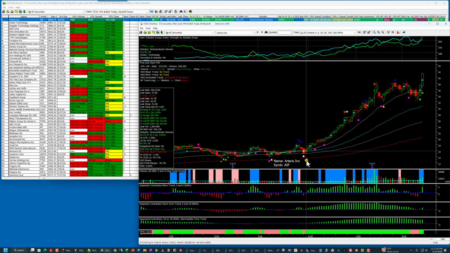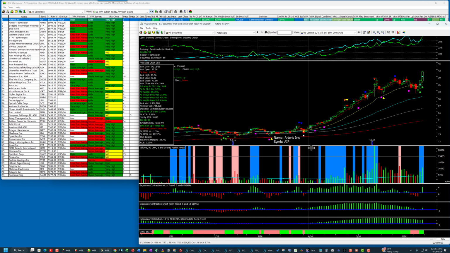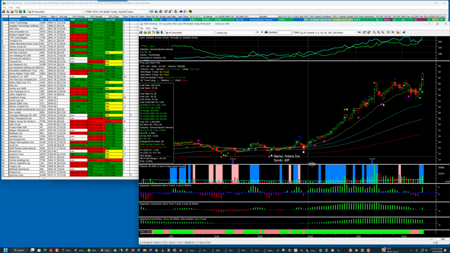It's too early to tell because these bars over here were negative and it hasn't changed to positive. Now I go to the next day here. Volume was low. See, it's below this moving average here. Spread was above average though, and the close was very high. Let's go one more day.